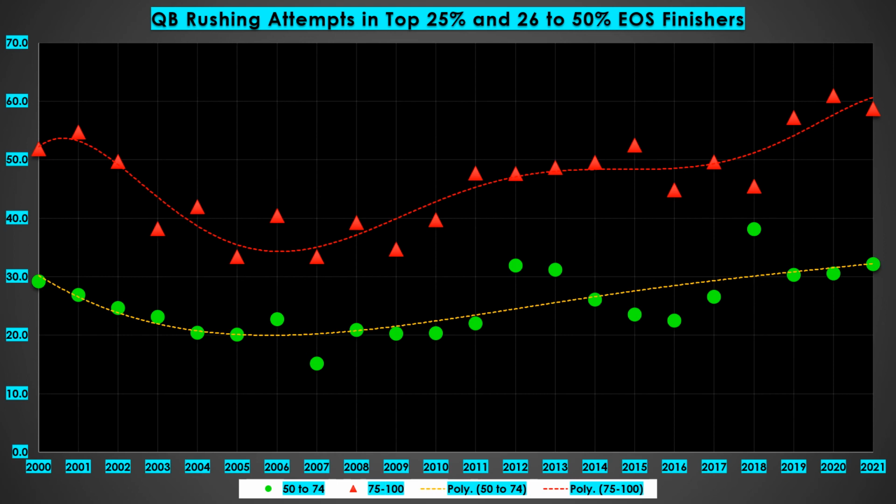So do realize that at some point the time is up for all quarterbacks. Their age is going to catch up, and they just cannot do the rushing like they did. So if you're in Dynasty especially, don't wait too long.